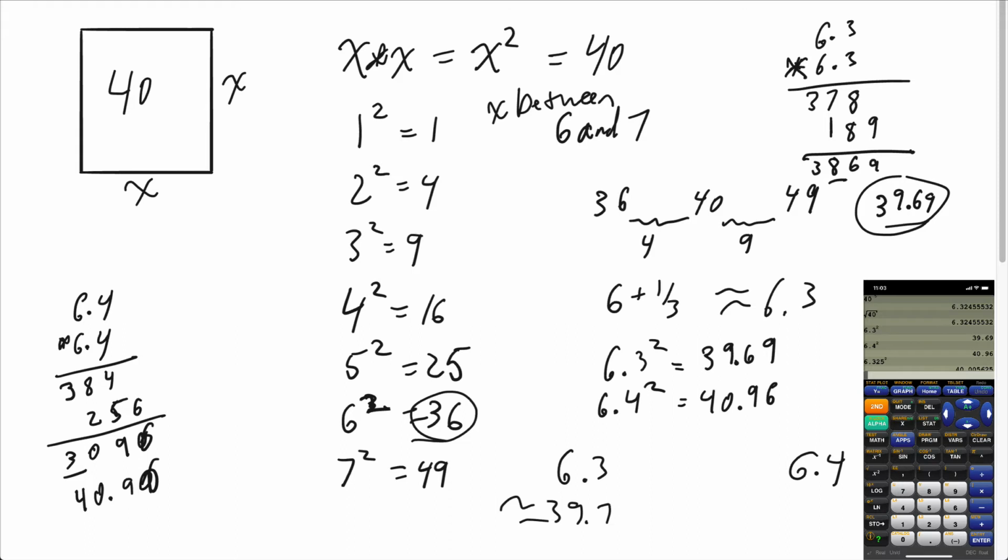Let's just say 39.7 and 40.96, which is 40 point 0.96, so let's just say 41. So that's about 1.3 in between.